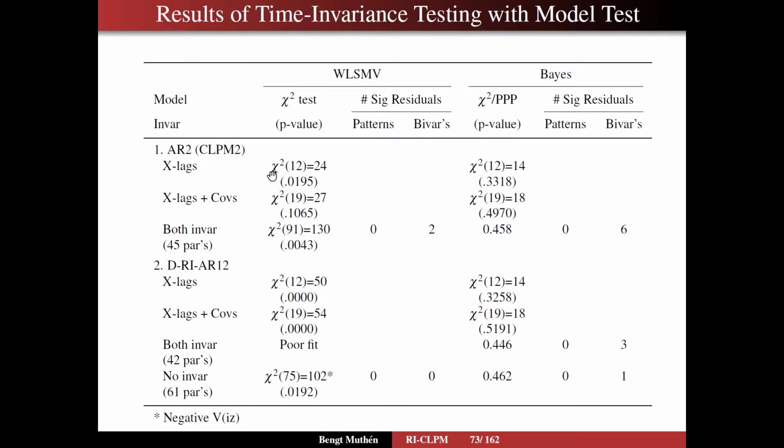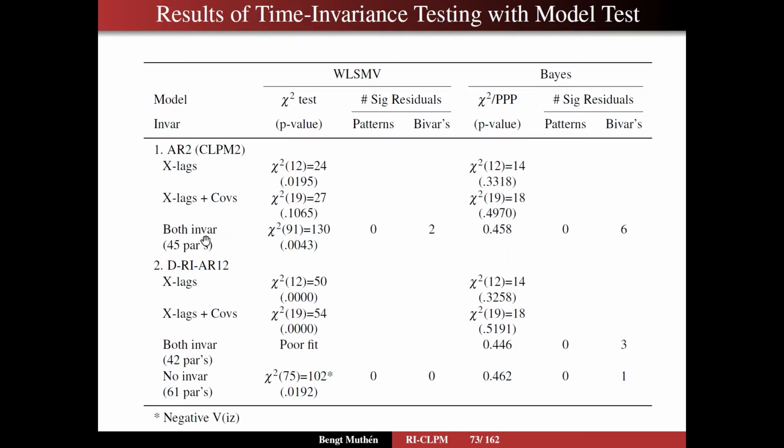So for the cross-lags then, we get 12 degrees of freedom, we impose 12 restrictions, and get a chi-square value that's not really strongly significant. Now you add covariances to that, then you get a pretty well-fitting model, testing that.